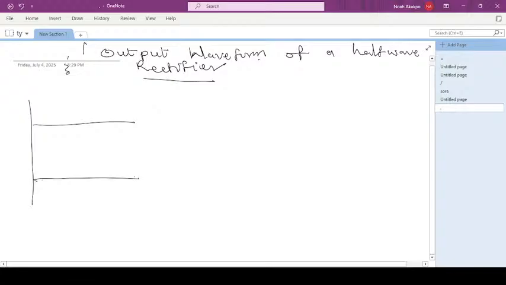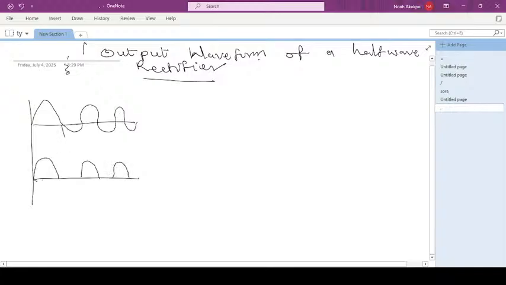So the source voltage will be in this manner, and so will the output voltage. And so in the output voltage, only the positive half cycle will be shown. As you can see here, the negative half cycle has been removed from the output voltage.